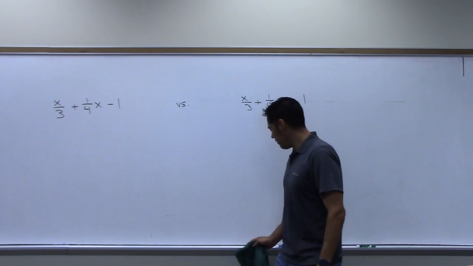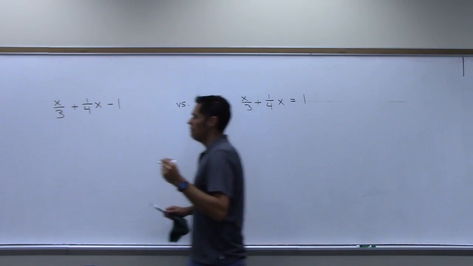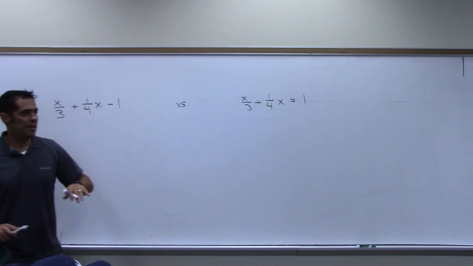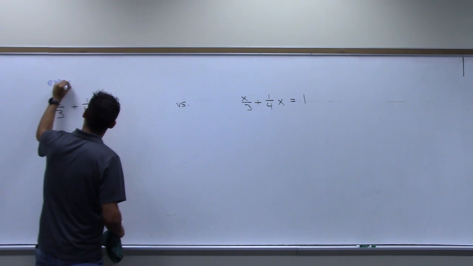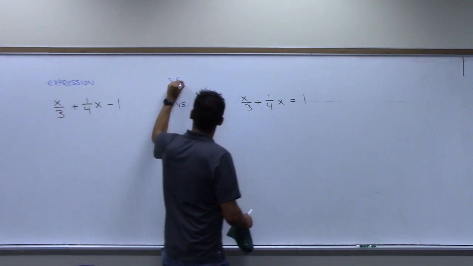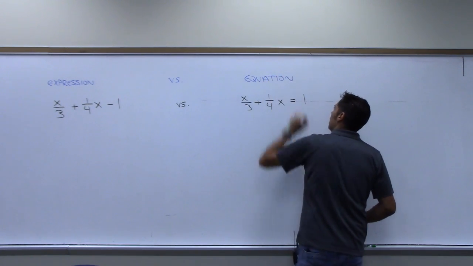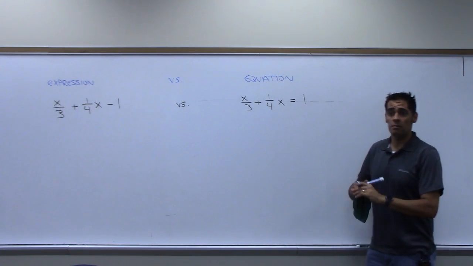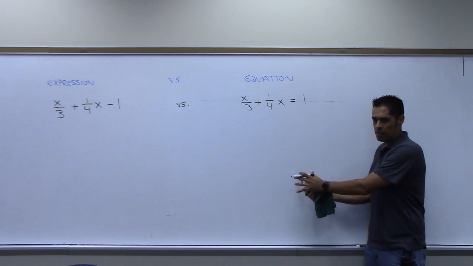All right, what we have here is just an illustration of making sure you understand the difference between what we call an expression versus an equation. An equation can be solved, okay? We should be able to get an answer, x equals 5, whatever it is here.